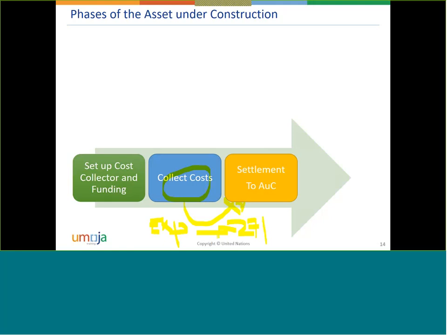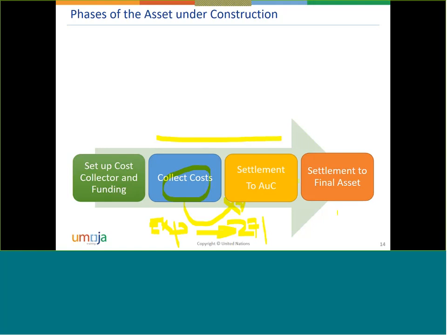So we keep capitalizing expenses, removing the value from the expense account and bringing it to an asset under construction account. These two processes happen during the life of the project. Actually, the settlement should happen more or less monthly. And once the project is completed, then we will have the settlement to the final asset.